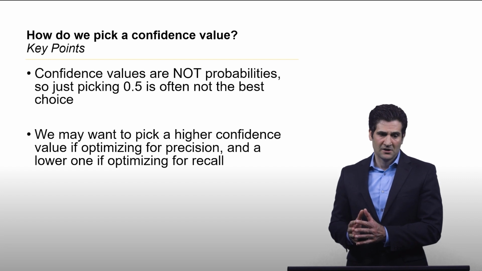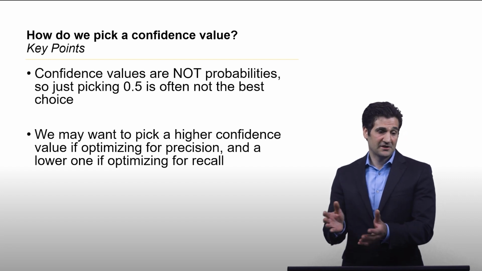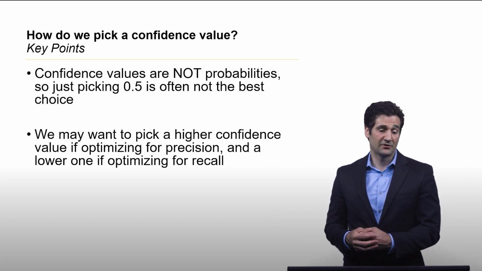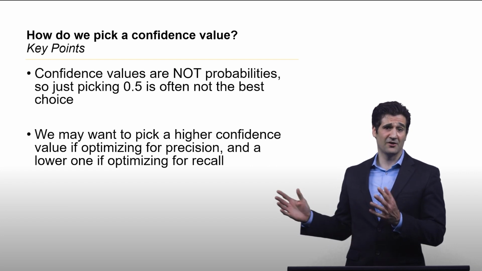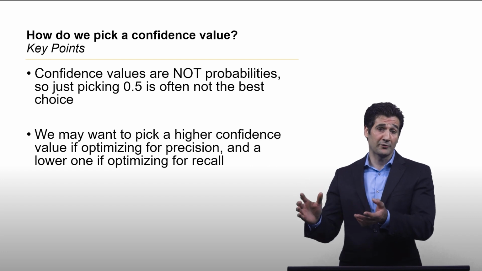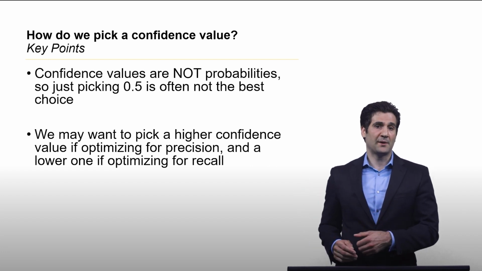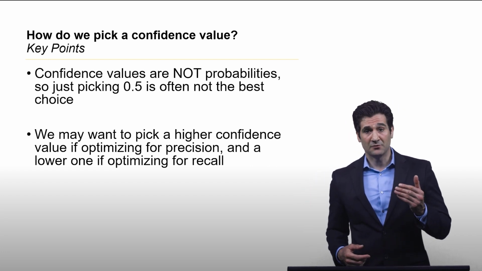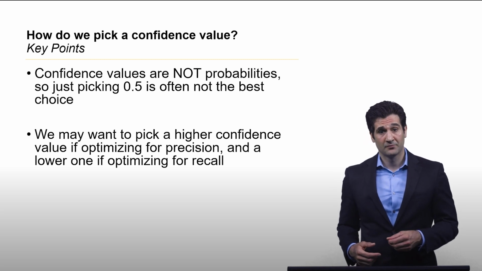So let's say we're trying to predict a stock that's going to increase in value a lot. We don't need to pick all the stocks that are going to increase in value, just a small number that we're really, really sure about. In that case, we're optimizing for precision, and we would want a higher confidence value.